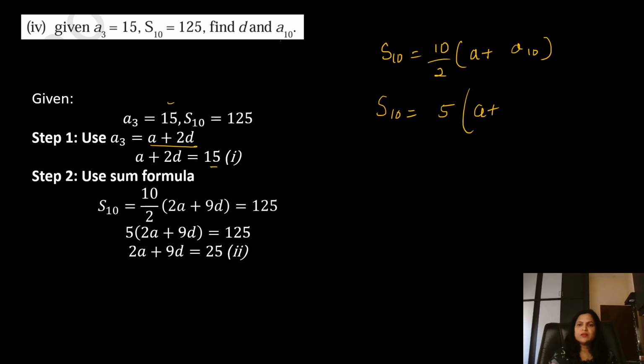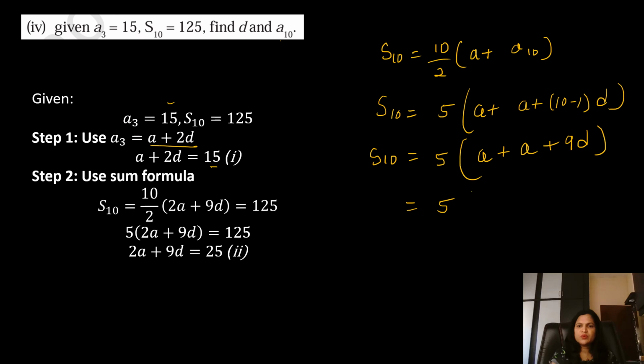How will we find a10? We have the formula a plus (n minus 1) into d. Instead of n I write 10 here. So the next step is S10 is equal to 5 into the bracket a plus 10 minus 1, which is 9d.